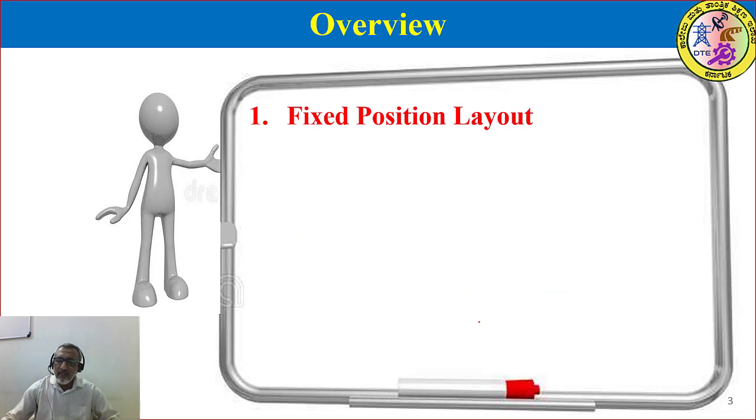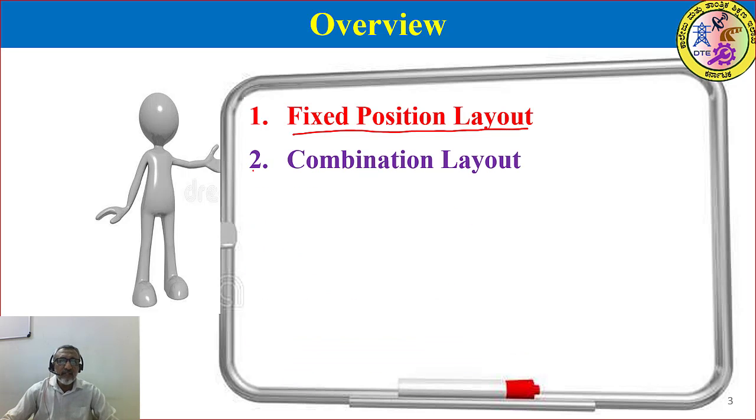First, I'll be discussing the third type of layout, what is known as the fixed position layout. Then we'll be discussing the combination layout, because these days a purely one type of layout may not work efficiently. We may have to combine two layouts.